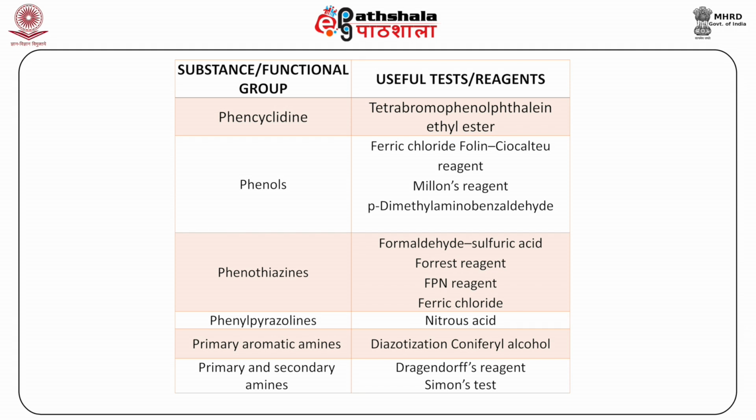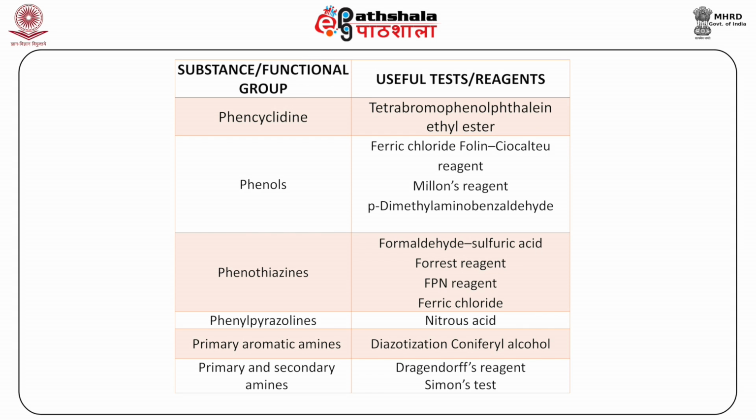In case of phenols, ferric chloride, Folin-Ciocalteu reagent, Millon's reagent, para-dimethylaminobenzaldehyde are employed. In case of phenothiazines, formaldehyde sulfuric acid, Forrest reagent, FPN reagent and ferric chloride are used. In case of phenyl pyrazolines, nitrous acid is used.